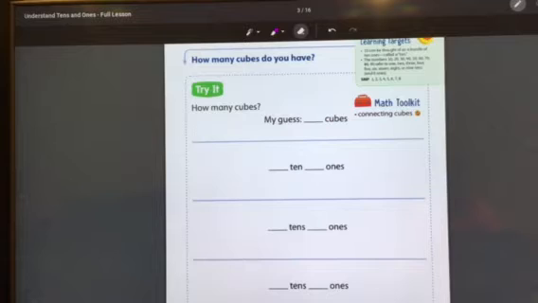So first I'm going to draw groups of 10. So in the bag there was 1 ten and 22 ones. So I would draw 1 ten and then 22 ones.